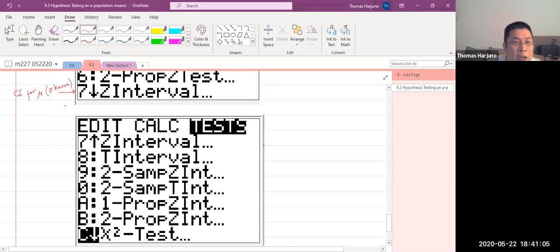So this is the same, number 7. If I continue down, right? Now this one is the confidence interval for mu when sigma is unknown.